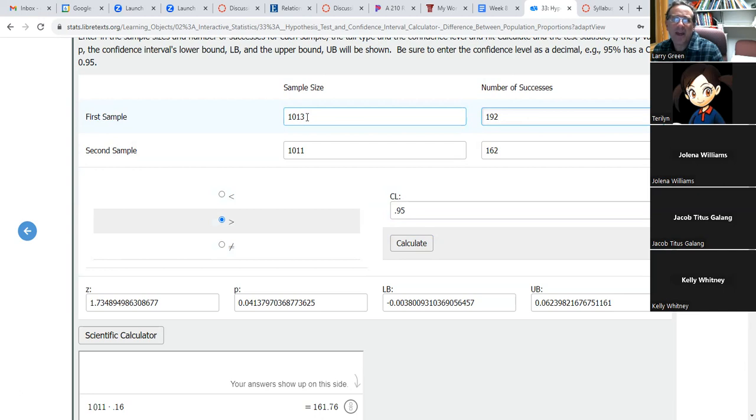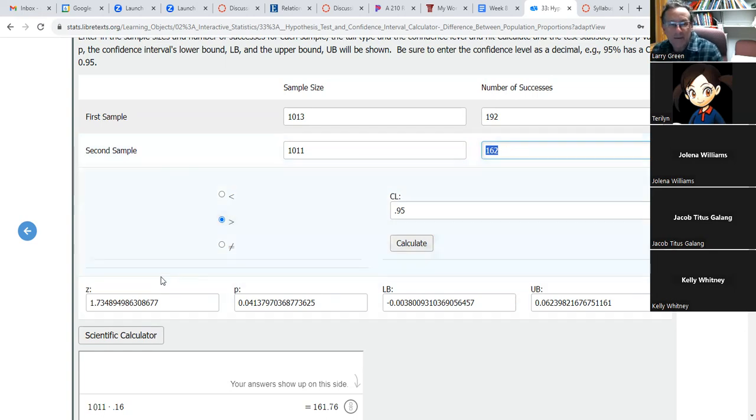NQ is going to be 1,013 minus 192. Both of those are much bigger than 5. And similarly, NP for the second group will be 162, and Q is 1,011 minus 162. Both of those are much bigger than 5. So that means this normal distribution is the right way to go, and this calculator works. Otherwise, the calculator doesn't work. Any questions on that?